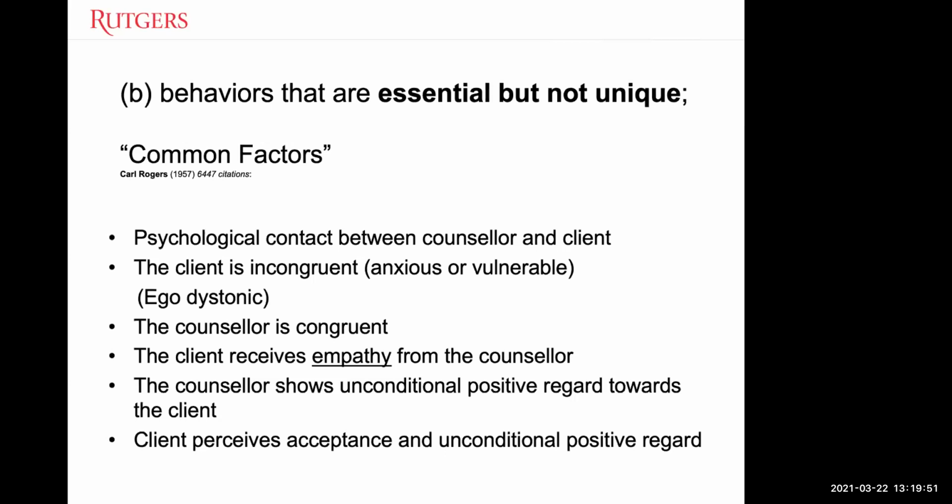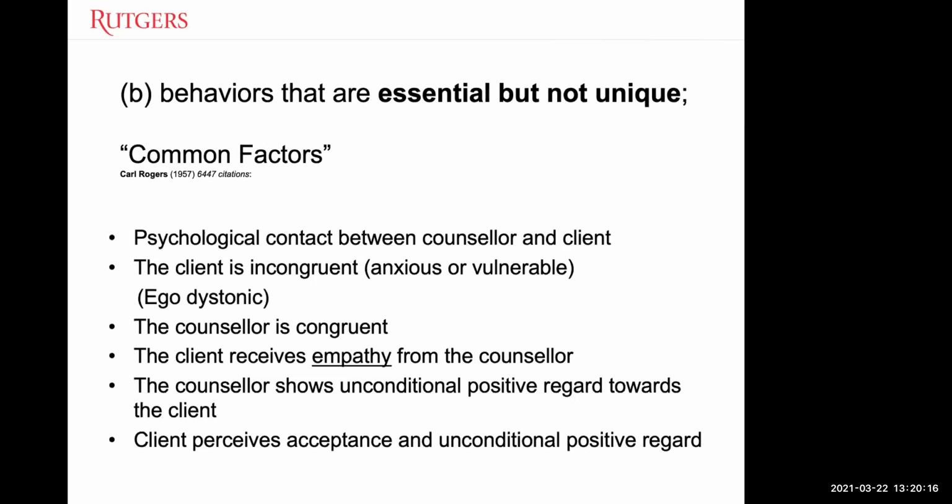The American Psychological Association had a task force, and they tried to understand why all these different interventions seem to work despite being very different, and the proposed mechanism of action being very different. And it came out that there were these common factors. You see some of them here: you have psychological contact between the counselor and the client. The client is incongruent, meaning they're anxious or depressed or vulnerable.